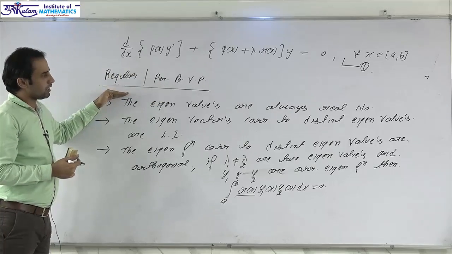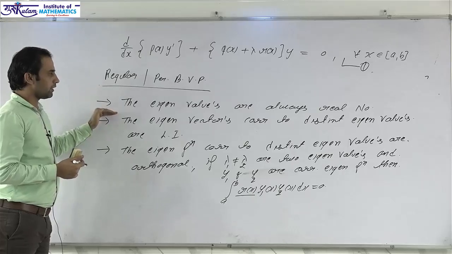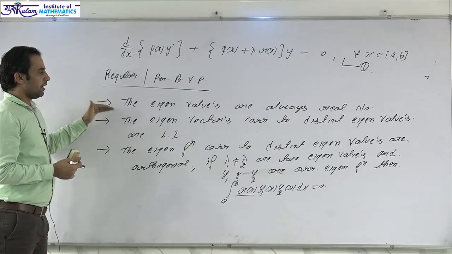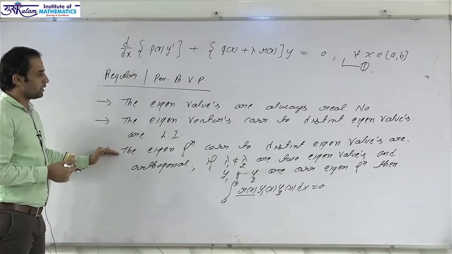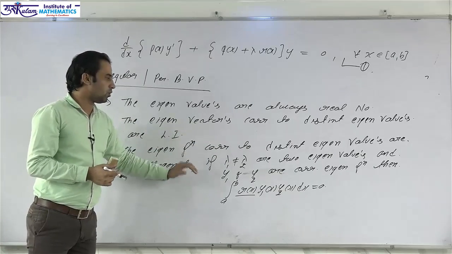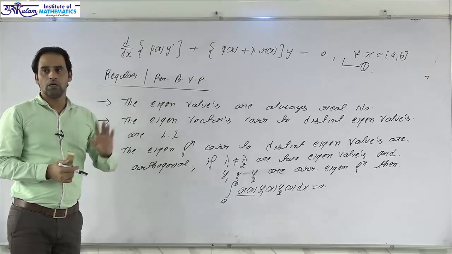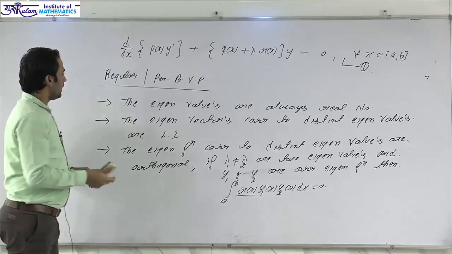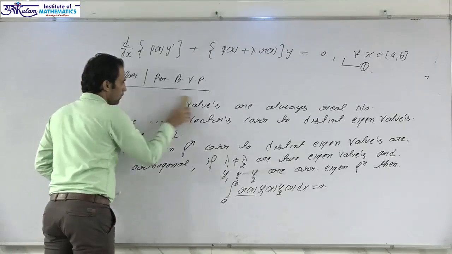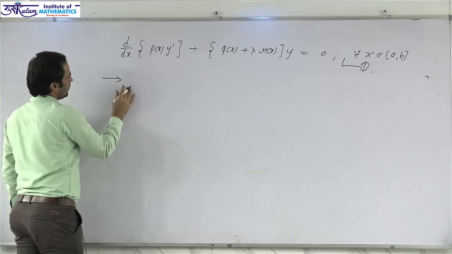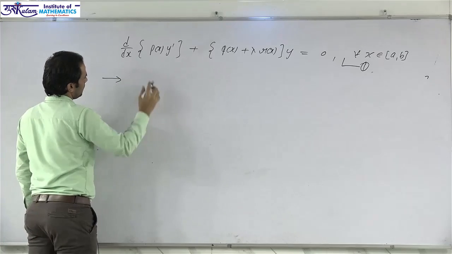See, eigenvalues are real, eigenvectors corresponding to distinct eigenvalues are always linearly independent, and the eigenvectors corresponding to distinct eigenvalues are orthogonal vectors. So these are three main properties for eigenvalues. And the fourth property is, this is also in general for a regular or periodic boundary value problem.